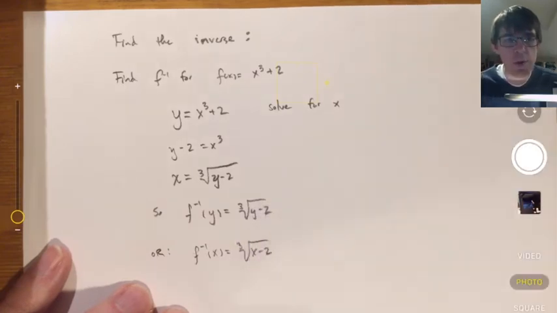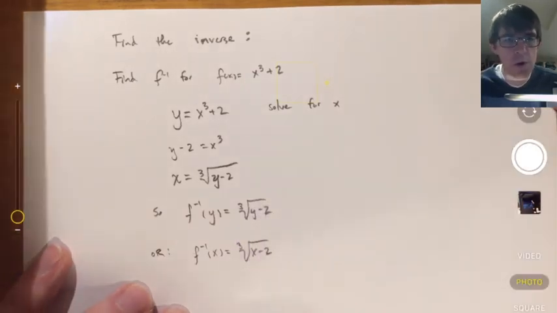Of course, we all know it doesn't matter what you call the variable. You're still talking about the same function. So when I write f inverse of y is the cube root of y minus 2, that's the same function as f inverse of x equals the cube root of x minus 2. People just like using x instead of y a little bit better. All right.